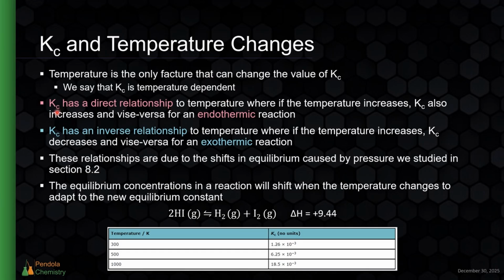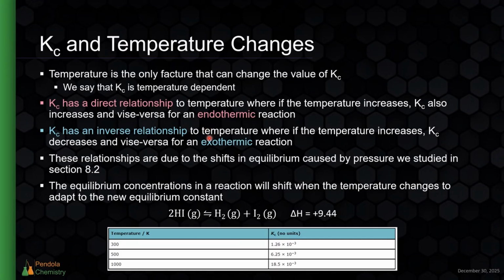So Kc has a direct relationship with temperature whenever there is an endothermic reaction, meaning that when we raise the temperature for an endothermic reaction, Kc goes up. When we lower the temperature for an endothermic reaction, Kc goes down. And it is inversely related to the temperature in an exothermic reaction. So it's essentially the opposite, right?